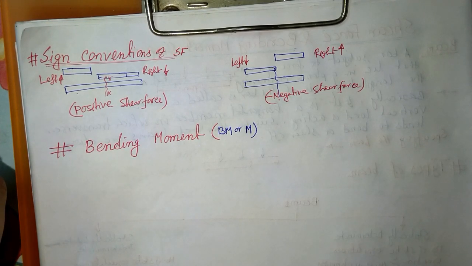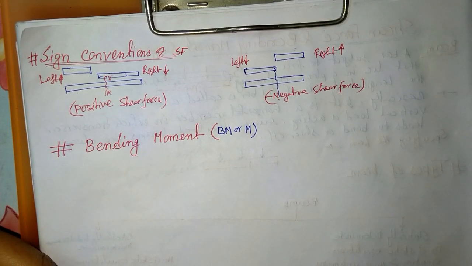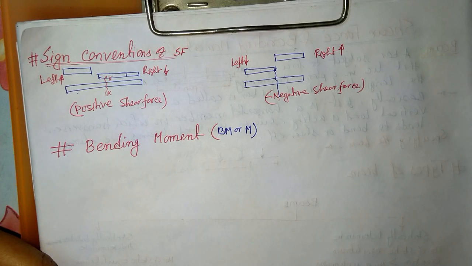As all of you already know, a moment is the product of force and the distance between the line of action of the force and the point about which we are determining the moment. That is the magnitude of the moment.